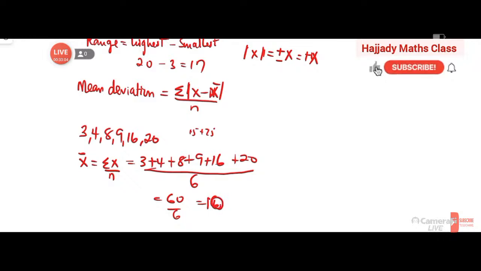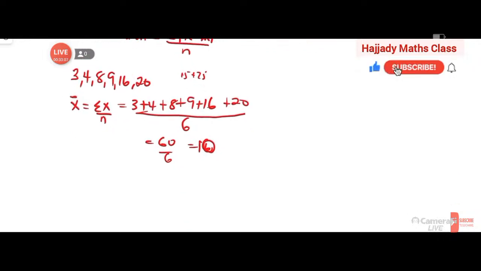So using the same formula, summation of the absolute value of x minus x bar over n, my mean deviation, which I can represent with MD, is going to be the summation of the positive value of my x minus x bar.